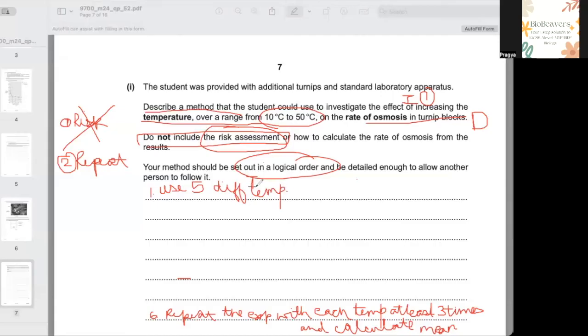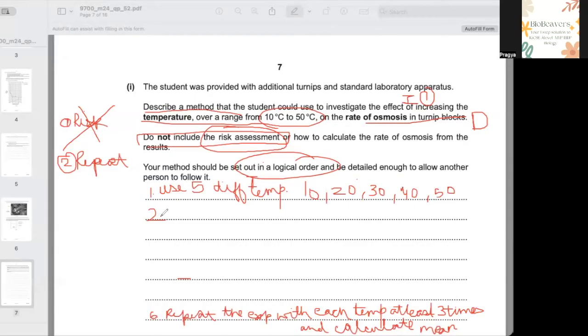Please do not use these short forms in the exam. Please remember, do not use the short forms. Use 5 different temperatures: 10 degree, 20 degree, 30 degree, 40 degree, and 50 degree. So you've mentioned 5 different temperatures. That's your first point, which is fixed. We've already got 2 out of 6.